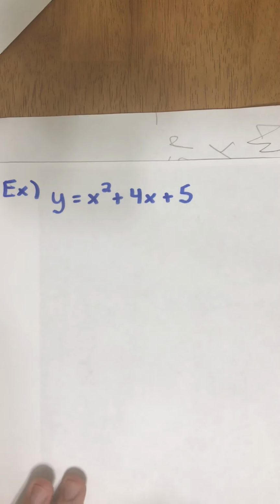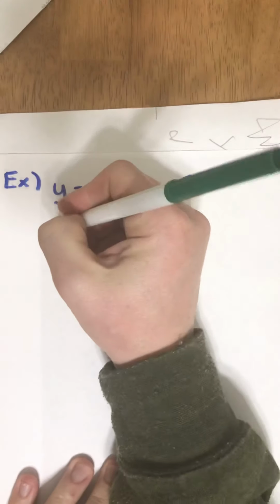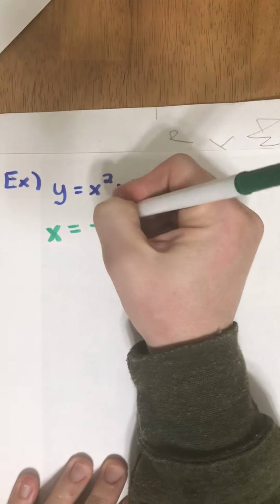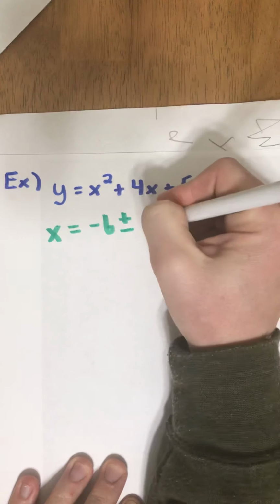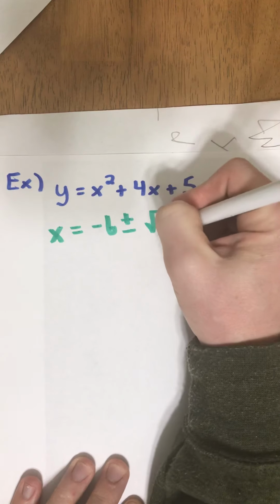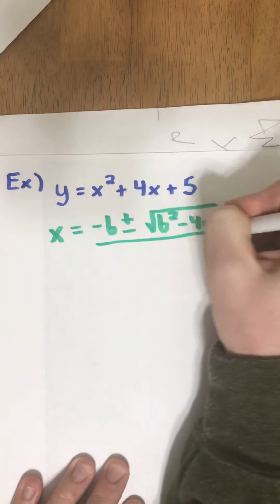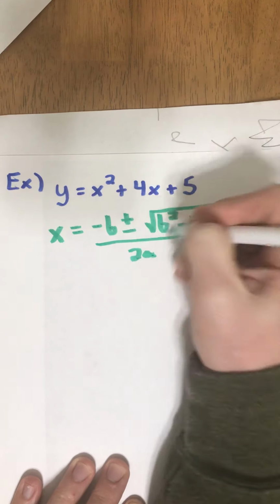So y equals x squared plus 4x plus 5. I'm going to write my quadratic formula so I can find my roots. So x equals negative b plus or minus the square root of b squared minus 4ac divided by 2a.